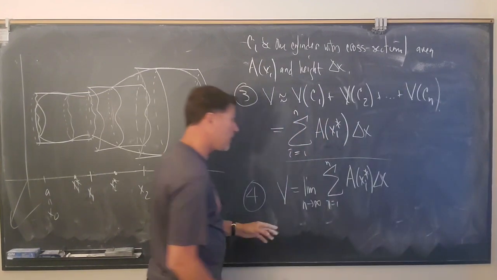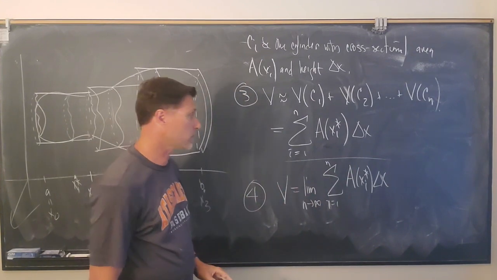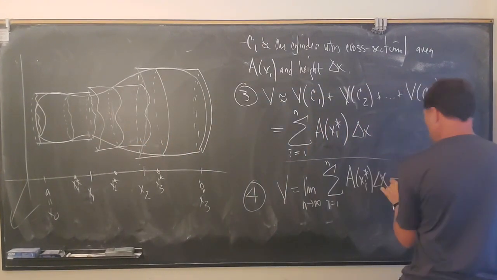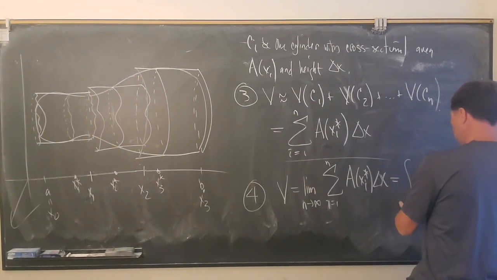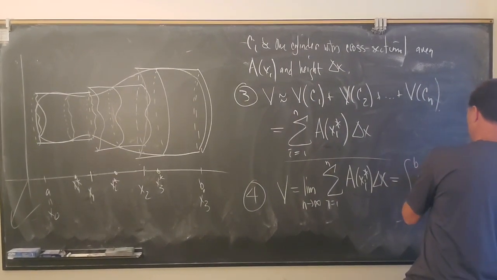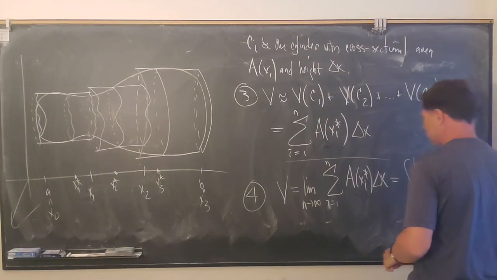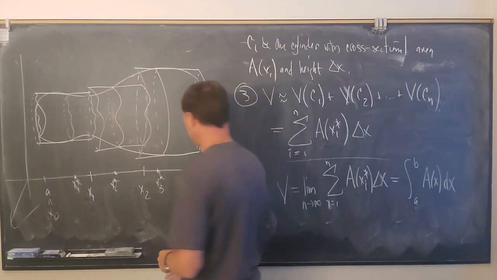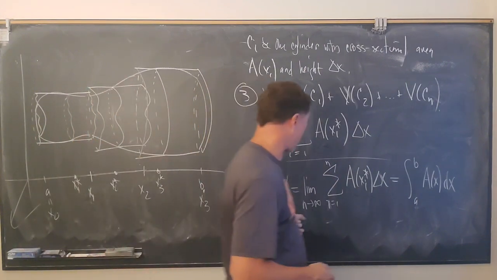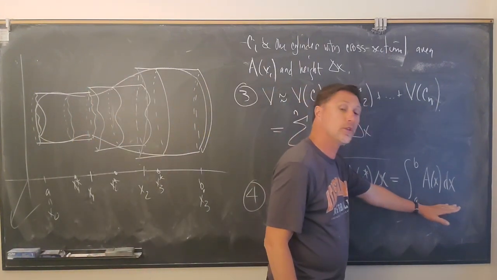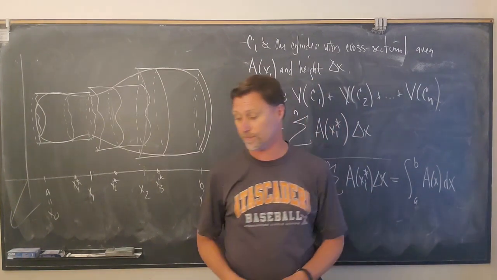So the volume is the limit of the Riemann sums. When the function in here is continuous, we can compute this as the integral from a to b, A of x dx. So what this is saying, if you have a continuous function that tells you what all the cross sections are, to find the volume of the solid, all you need to do is integrate the area function.